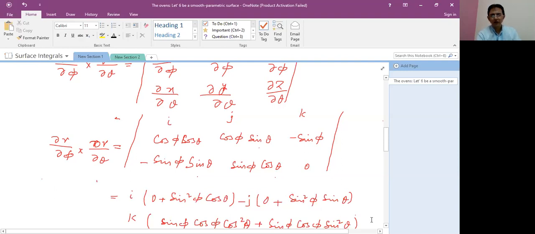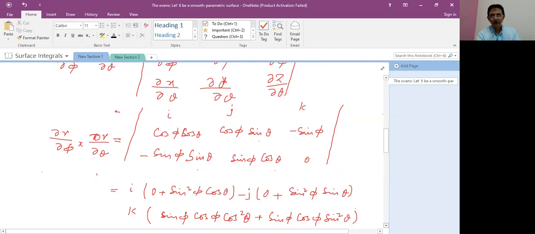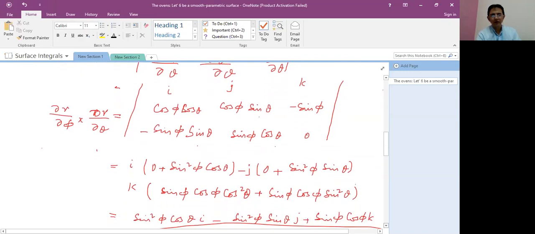So we will find here a squared taking out. Then we consider the third column. We multiply sin phi cos phi cos squared theta, and minus minus plus sin squared theta, sin phi cos phi. We will put it here.